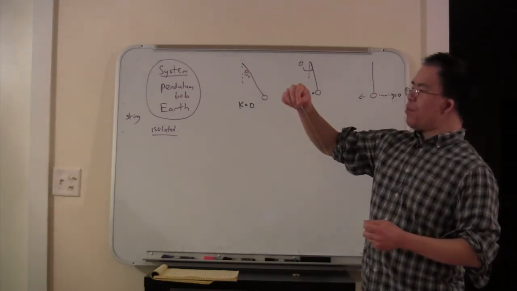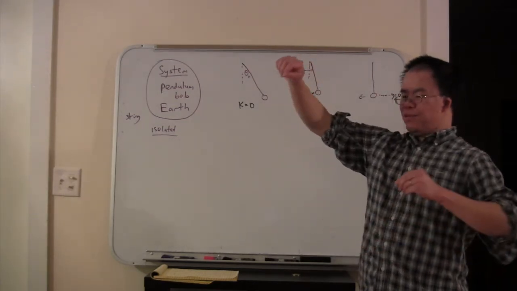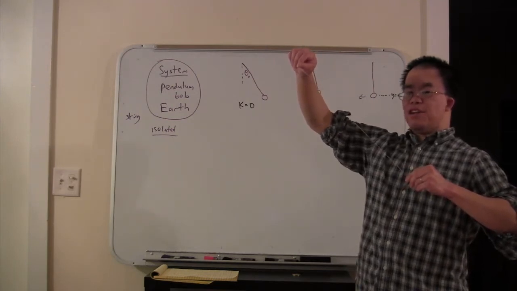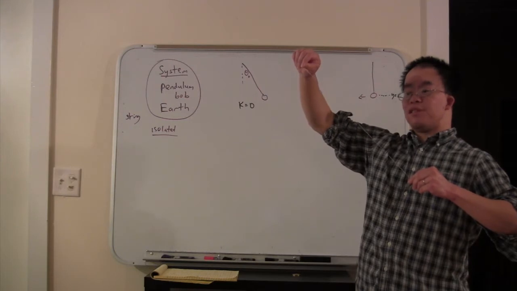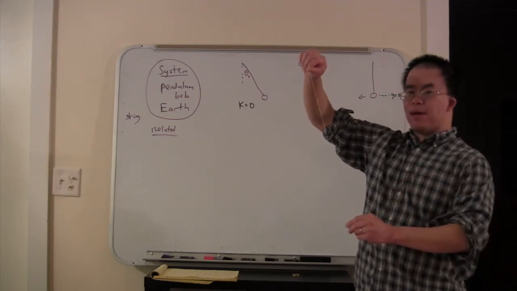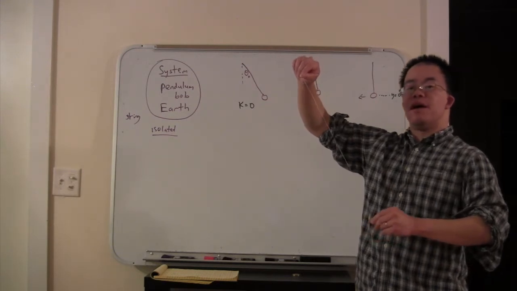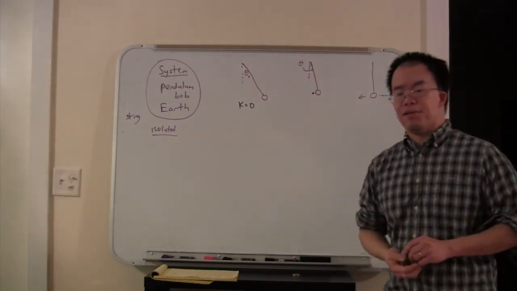So for any other point in the swing, like if I release it here, the pendulum bob is higher, there's some gravitational potential energy in the system there. There's also some, but less, gravitational potential energy when the pendulum has swung down to a smaller angle.